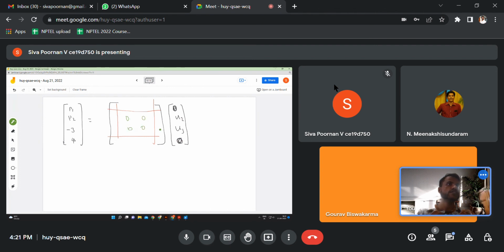So which gives that P2 is equal to, if I use the rest of the equation, this value into U2 plus this value into U3.